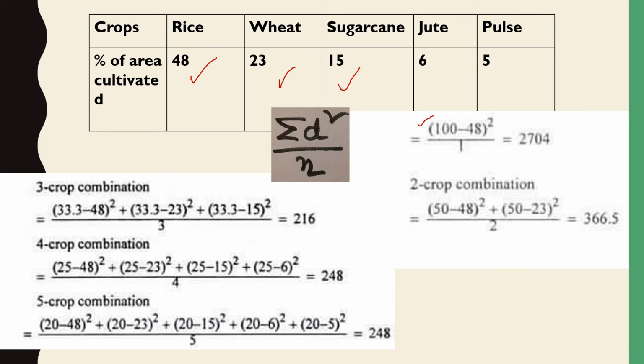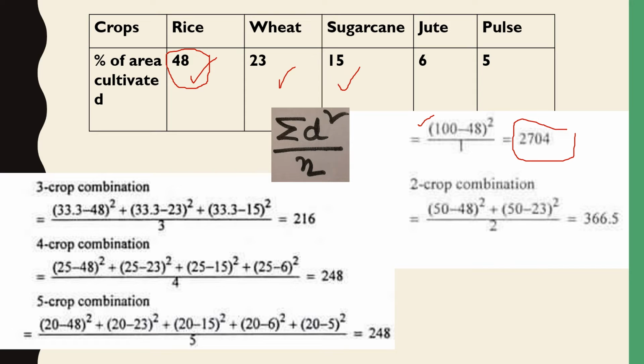And the actual value is 48%. So we have to subtract 48 from 100 and then divide it by the number of crops. In this case, the number of crops is 1 because it is monoculture. Okay, so this is the value. But it is not possible to be a monoculture region because 100% area is not used for any crop.